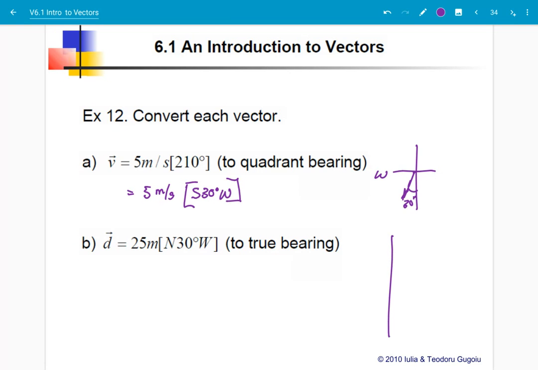And again, sketch it, and it can help you if you're getting stuck. North, 30 degrees to the west. So north and west, this is 30 degrees. So 25 meters. And for a true bearing, it is 360 all the way around, 30 short of that, so 330 degrees. And that's it.